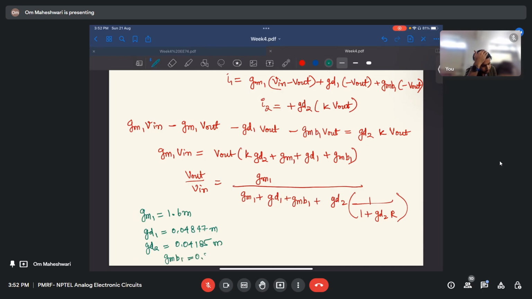GMB1 is 0.32 and GMB2 0.6 milli. And R is also given here, R is 4.6 kilo ohm. So if I substitute all these values, I'll get V out by V in as 0.7985.